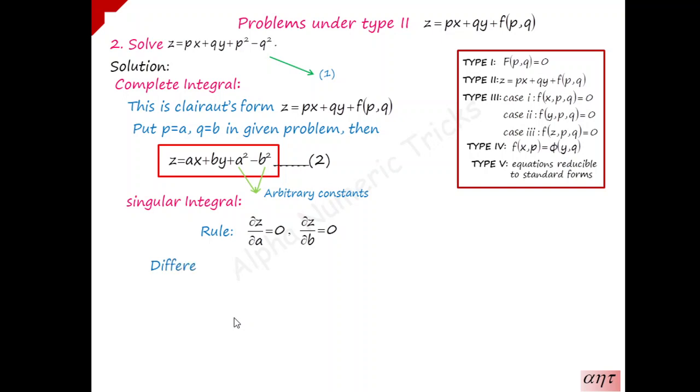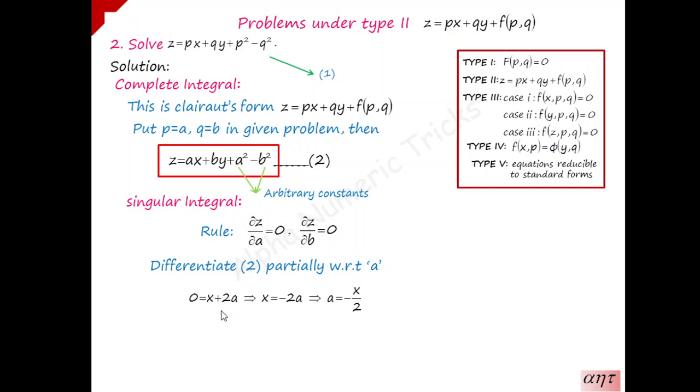Okay, now you have to differentiate this equation, that is the complete integral, partially with respect to a. Then ∂z/∂a, equated to 0, is equal to the differentiation of ax with respect to a, which becomes x because x is constant, times the differentiation of a with respect to a, which is 1, plus the differentiation of by with respect to a, which becomes 0 because by is constant, plus the differentiation of a squared with respect to a, which becomes 2a, minus the differentiation of b squared with respect to a, which is 0.